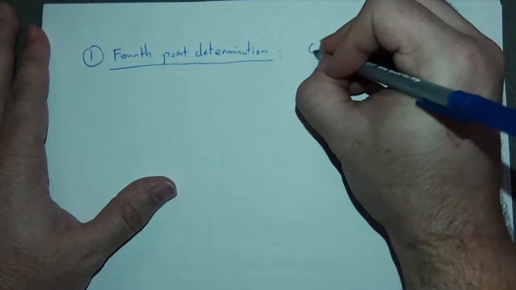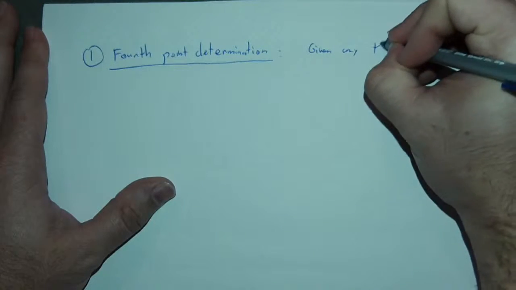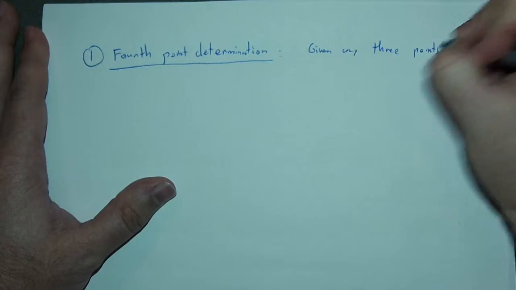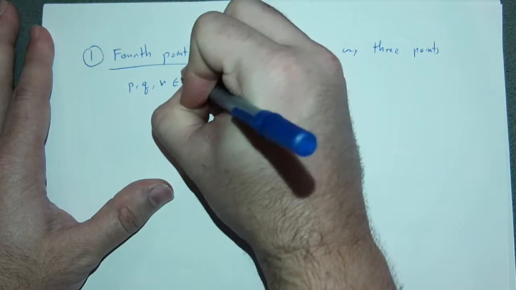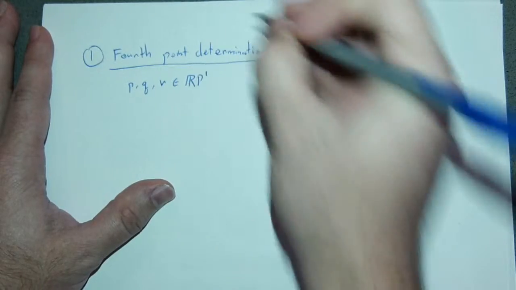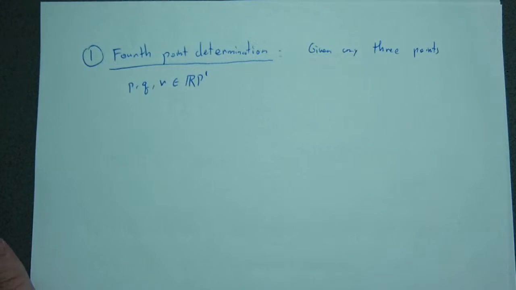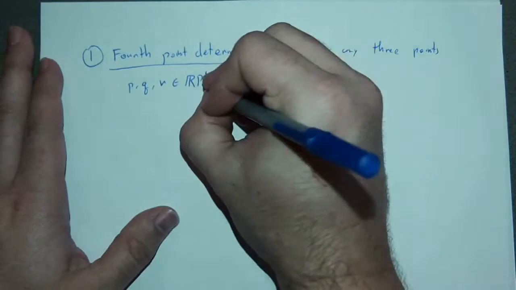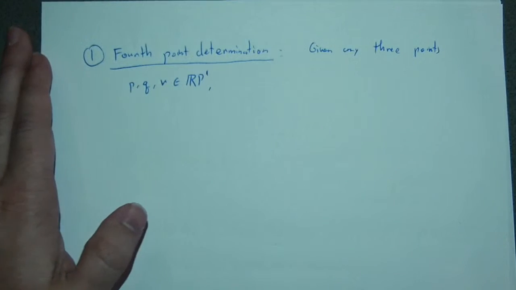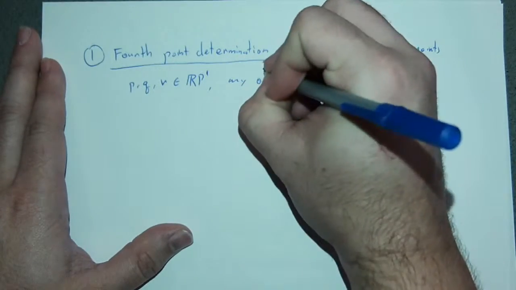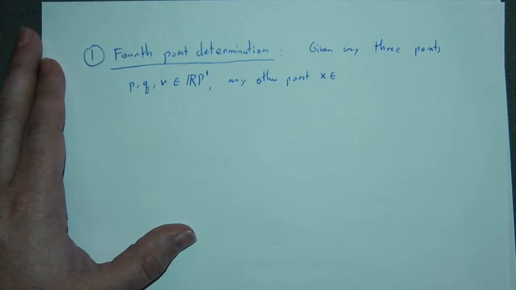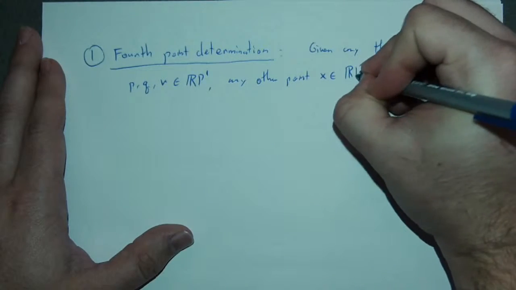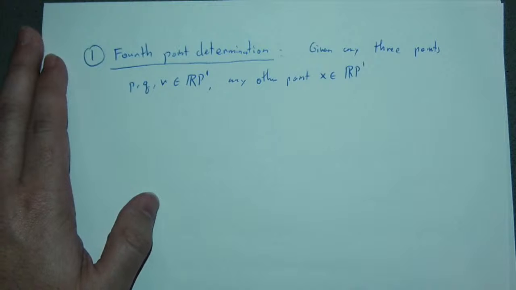Given any 3 points, say P, Q, and R, in the real projective line RP1, any other point, say X in RP1, is uniquely determined by its cross ratio with these other 3 points.